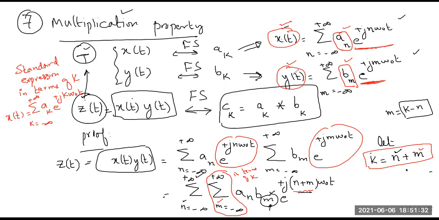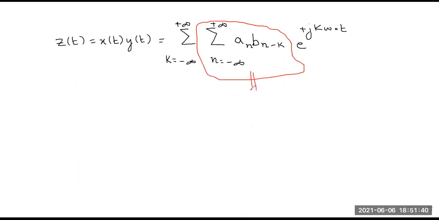And now when you multiply these two signals together, you get a signal z of t. And what are the Fourier coefficients of this signal? These are the Fourier coefficients. So we have a of n, b of k minus n, where n is from minus infinity to plus infinity.